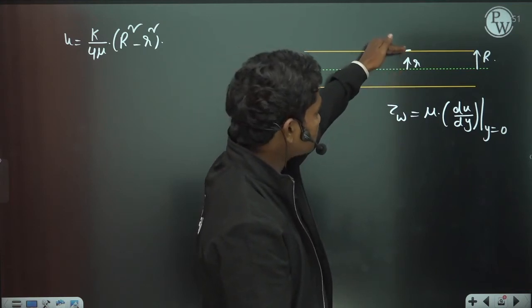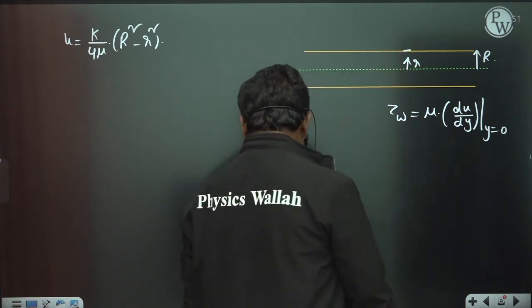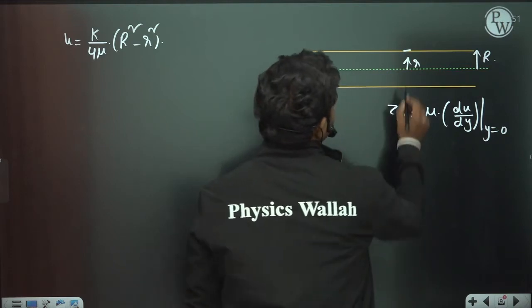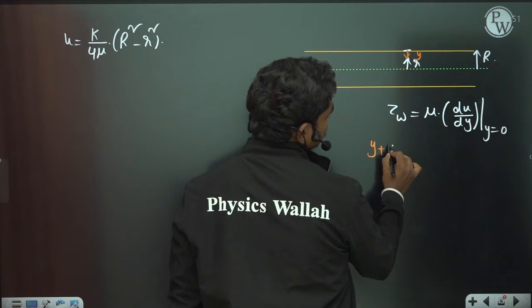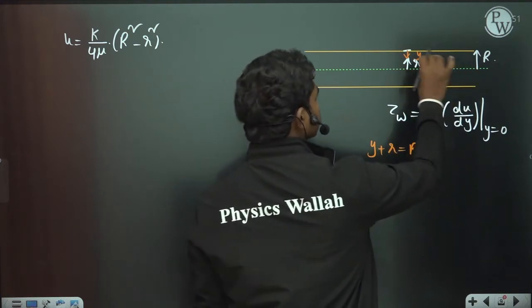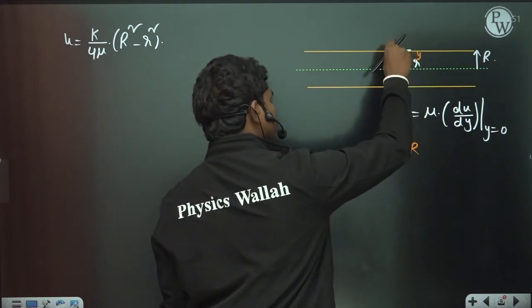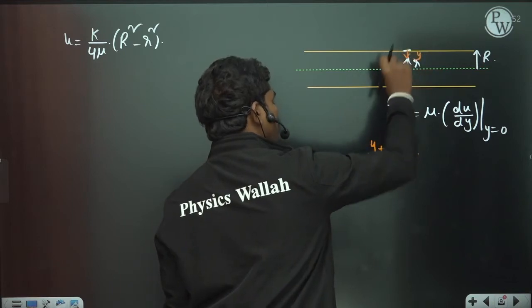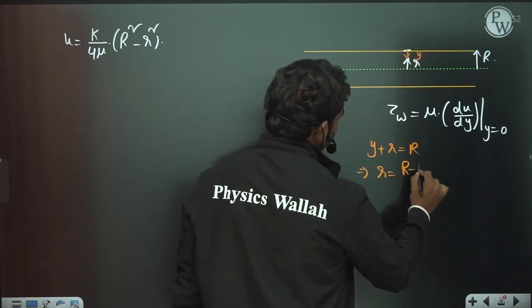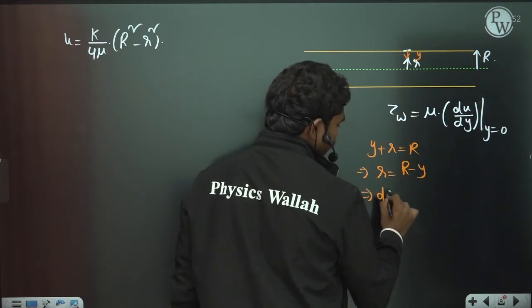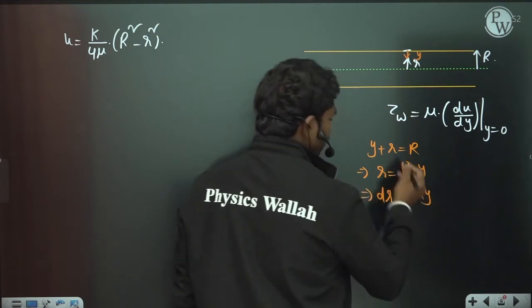So if you want to measure y from the solid surface, then at a given section, if this dimension is y, then y plus small r is equal to capital R, correct? So small r is equal to capital R minus y. And if you differentiate this, dr is equal to minus dy, because capital R is constant.